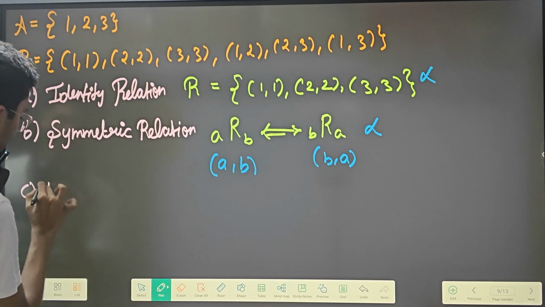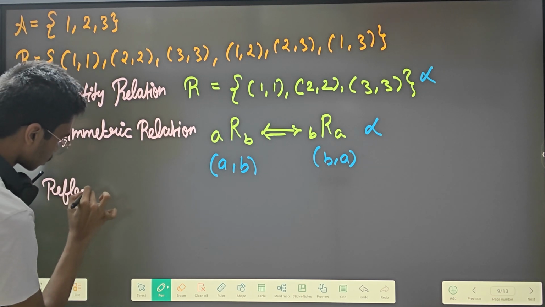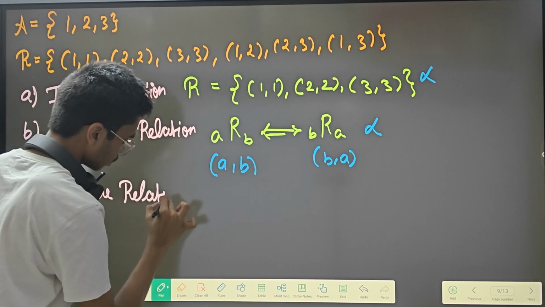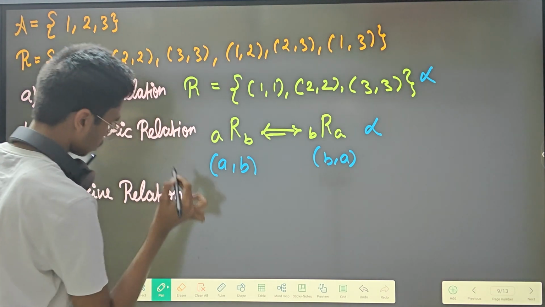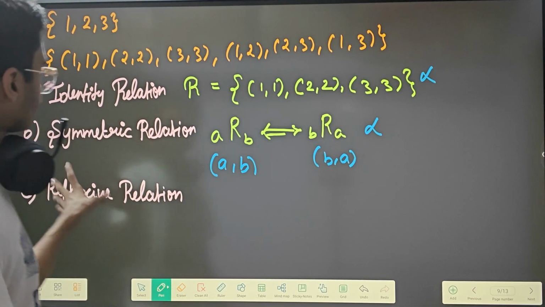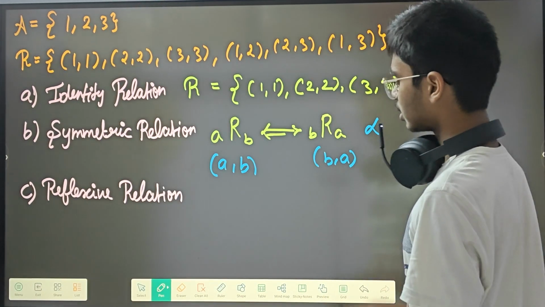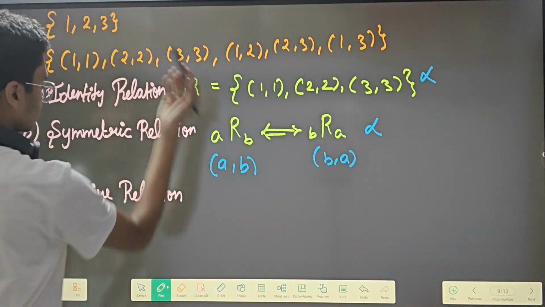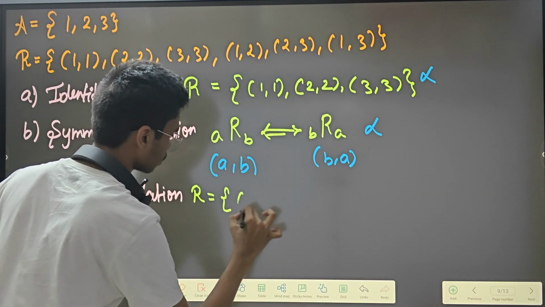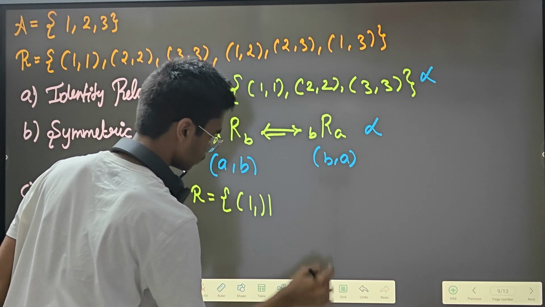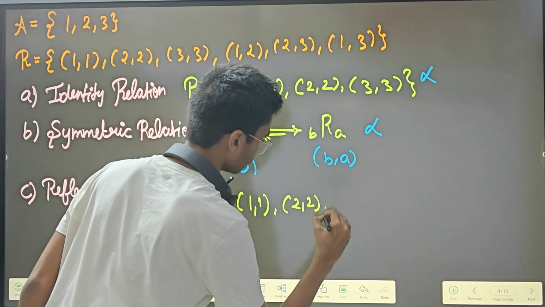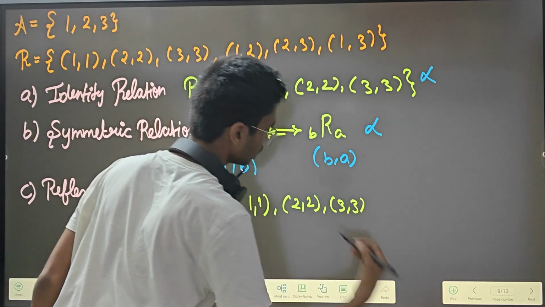Next is reflexive relation. For a reflexive relation, how should it be? All of these should be repeated like this: (1,1) should be there, then (2,2) should be there, then (3,3) should be there.